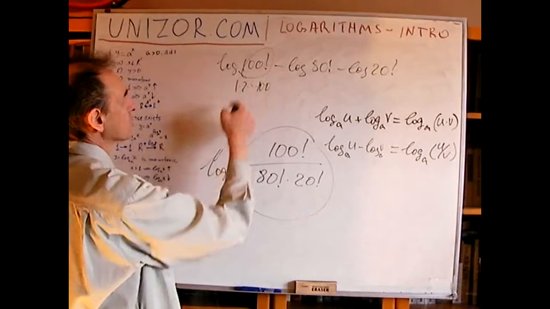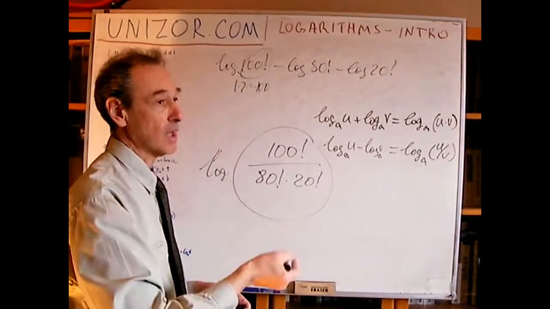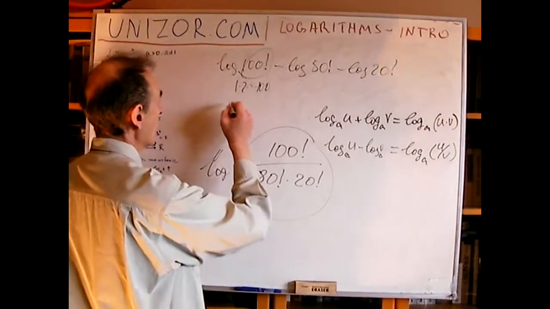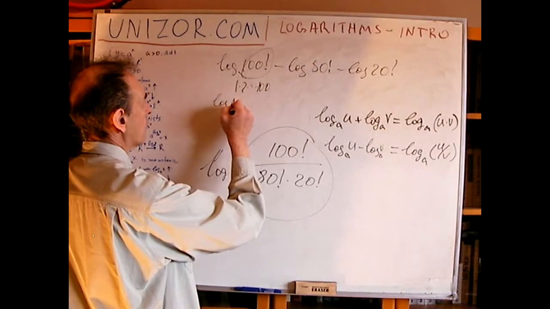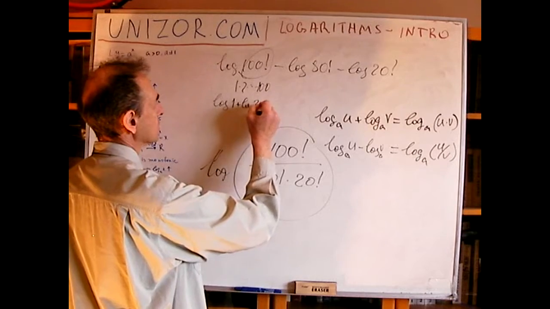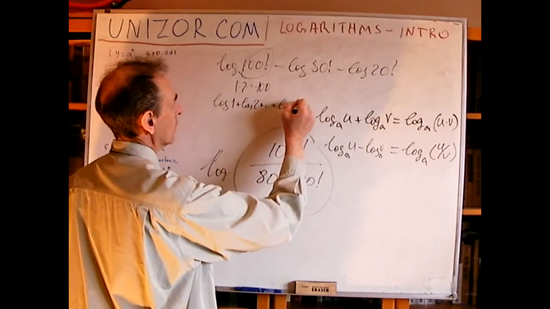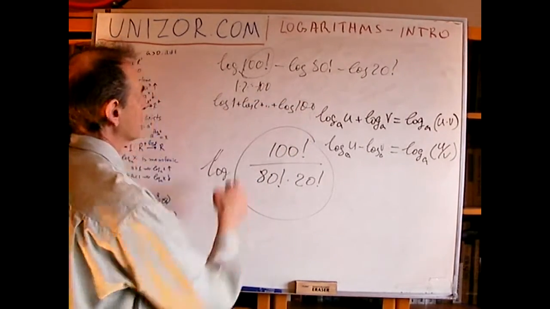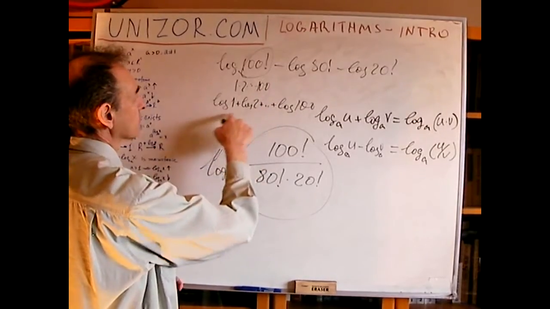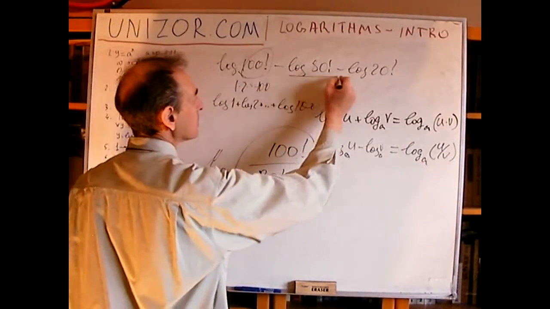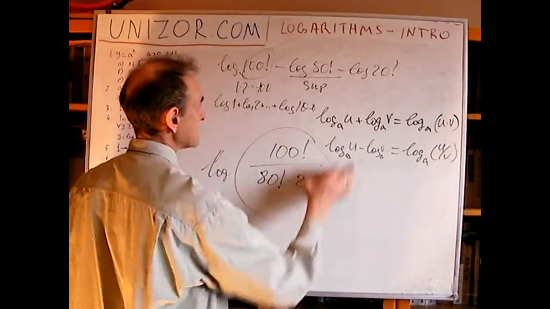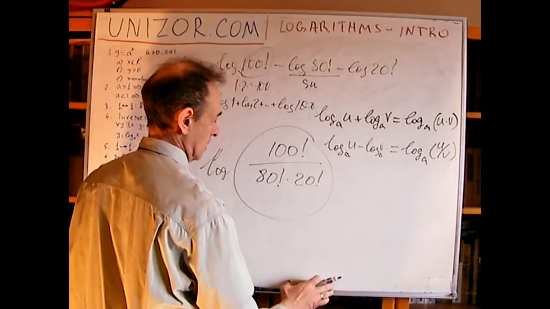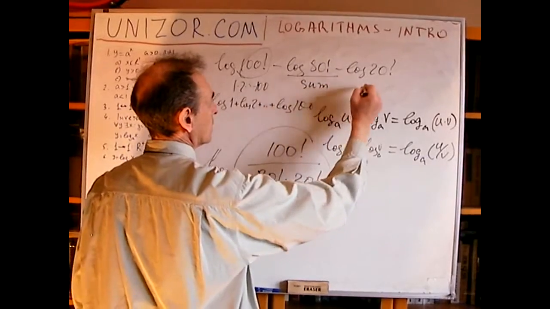So instead of multiplying 1 by 2 by 3, etc., I will basically do summation. It's logarithm 1 plus logarithm 2, etc. plus logarithm 100, right? Because the logarithm of a product is equal to sum of logarithms. Similarly, this also is a sum, this is a sum, and this is a sum.